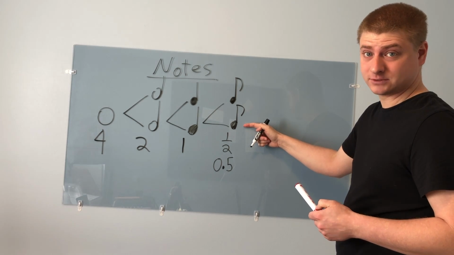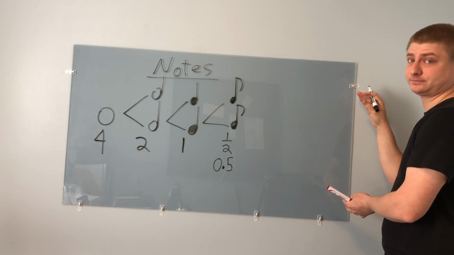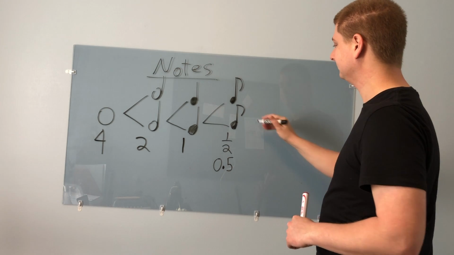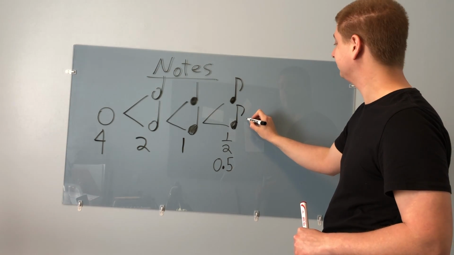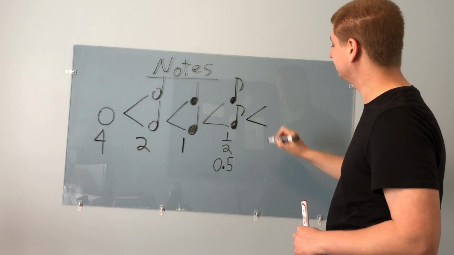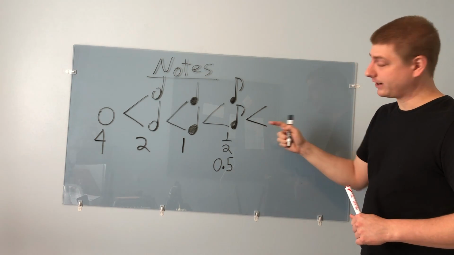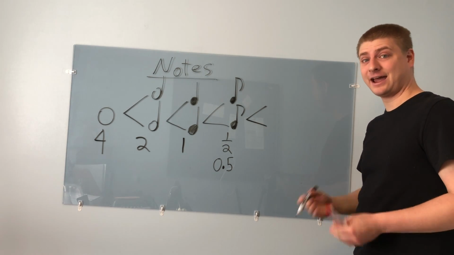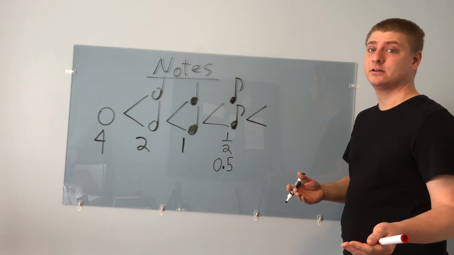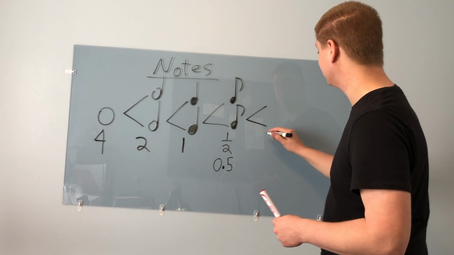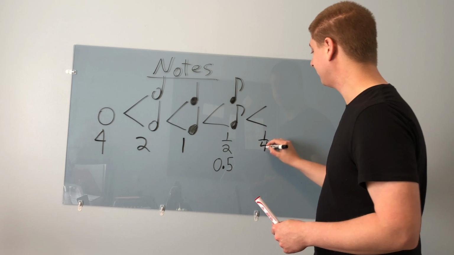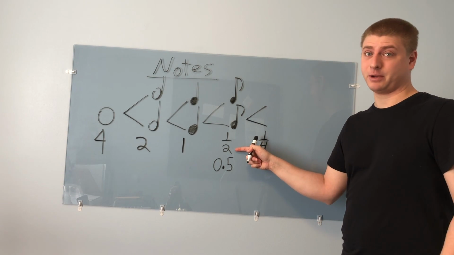More advanced notes can keep splitting. Let's go in half again. 1/2 divided in half is 1/4. You're going to double the bottom number.